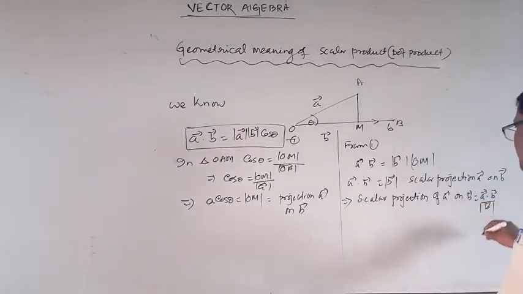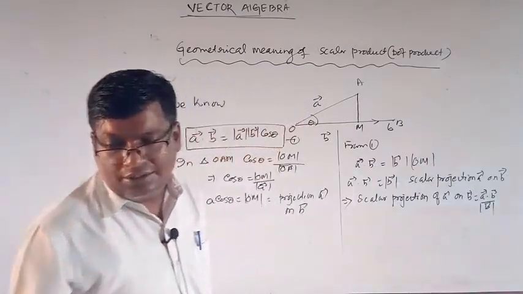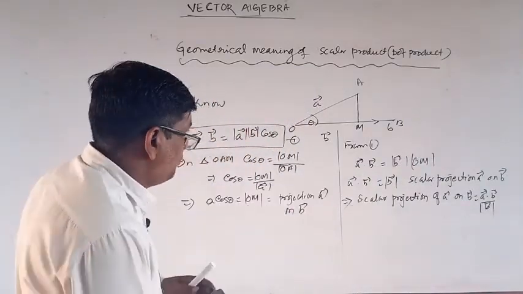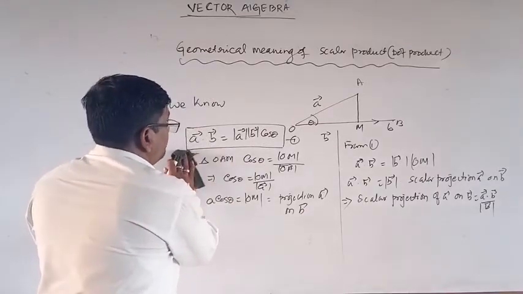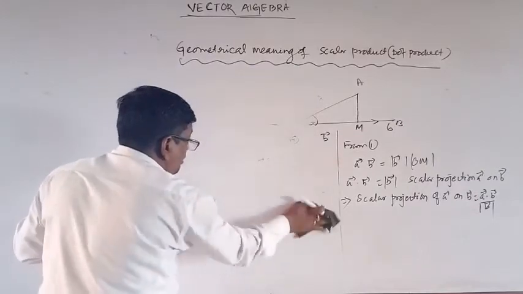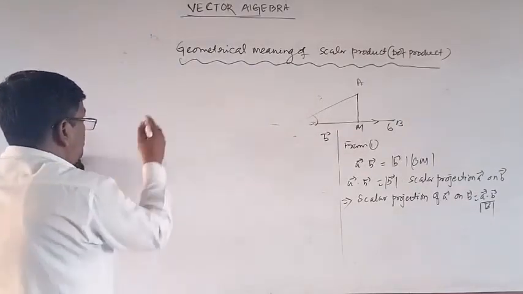This is the formula. Simple projection means scalar projection.